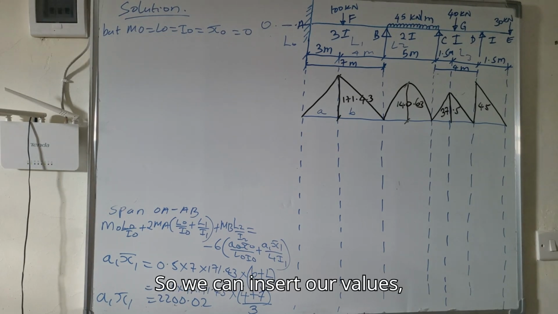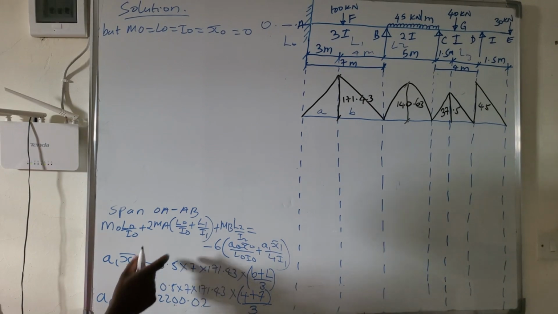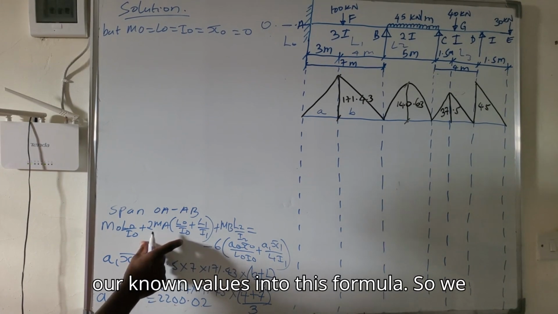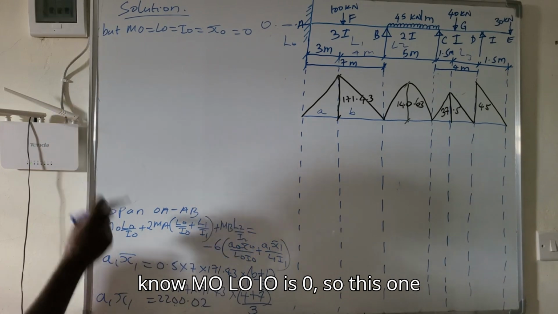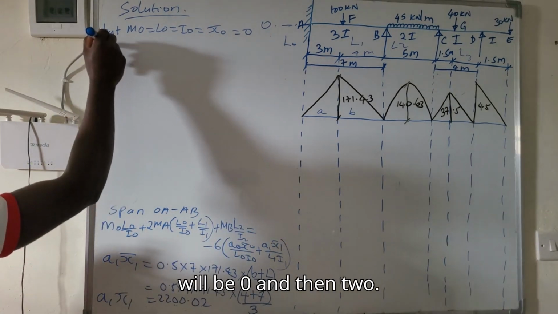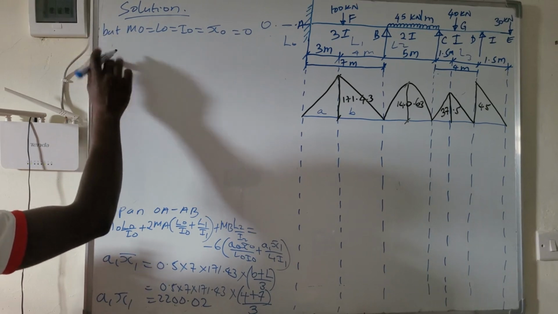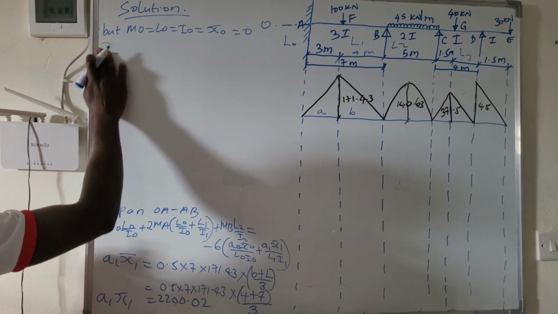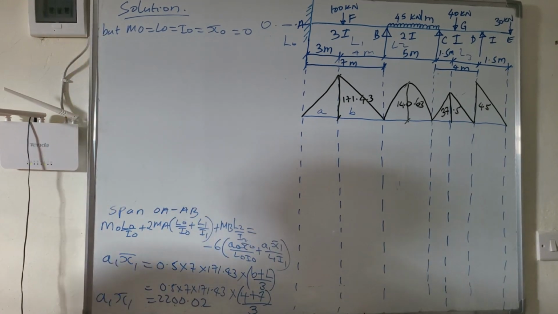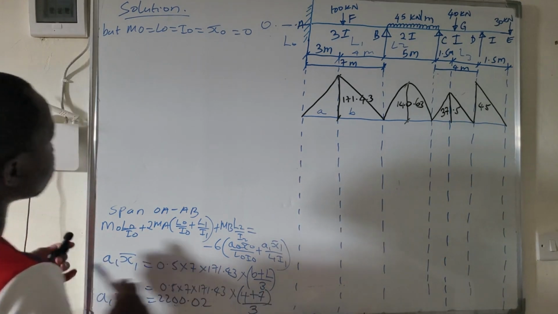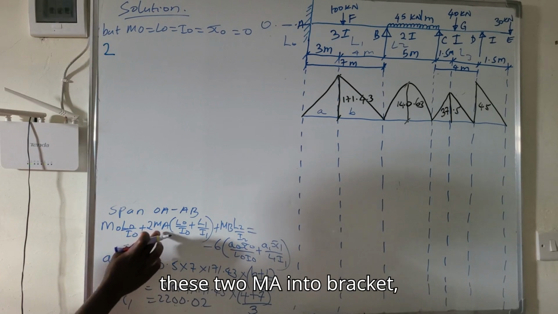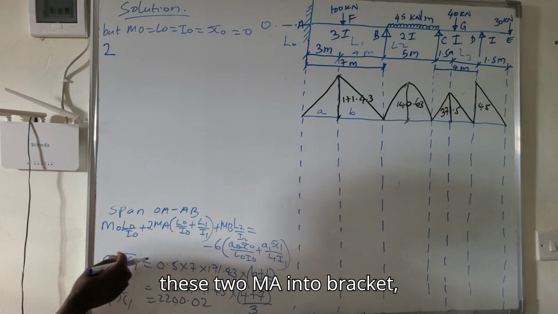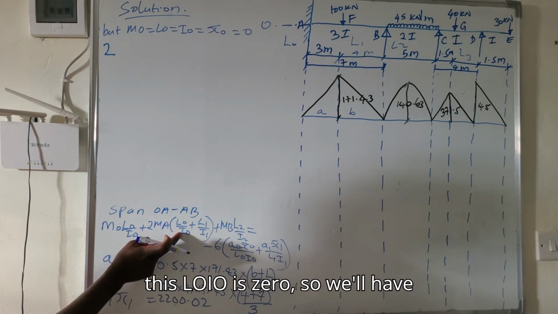So we can insert our known values into this formula. We know MO, LO, IO is 0, so this one will be 0. And then we'll have 2MA into bracket. This LO, IO is 0.